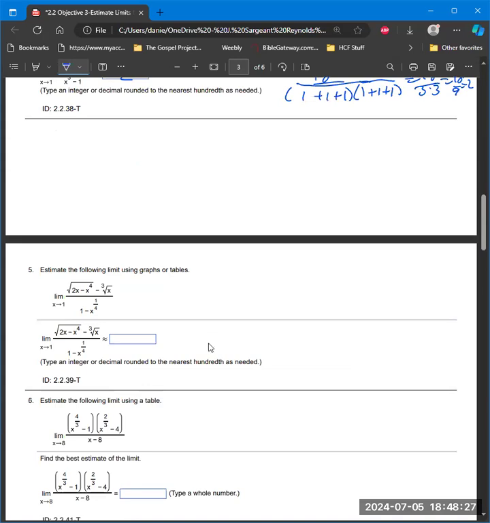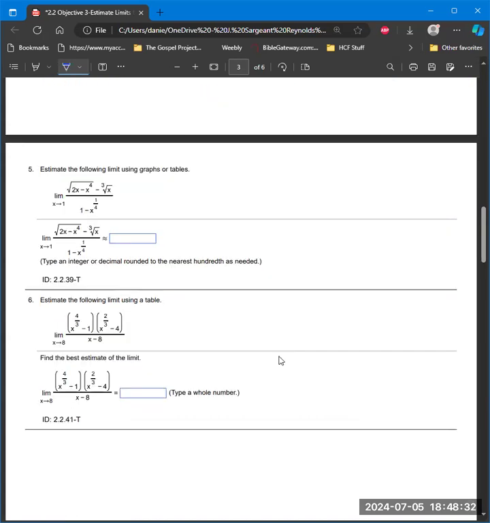Let's go ahead and see if we can work some magic on this one. And I'm only going to do 1 or 2 more here. See if I can multiply by the conjugate of this thing to, let's see what happens here. 2 minus 1 is 1, minus 1 is 0, 1 minus 1.